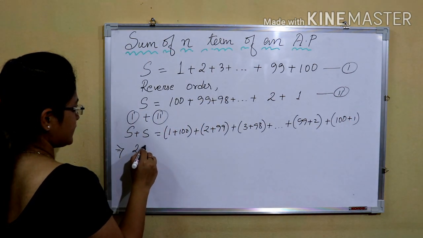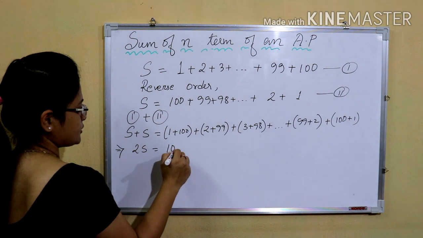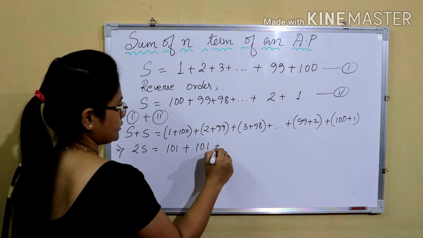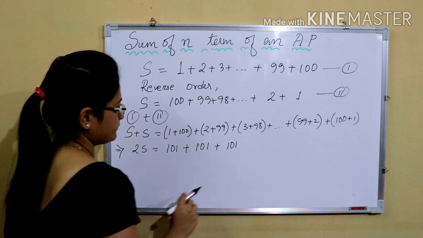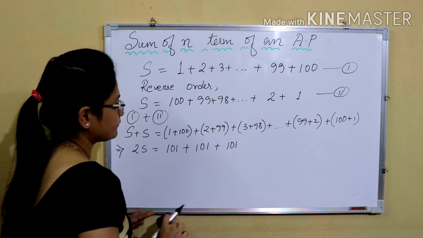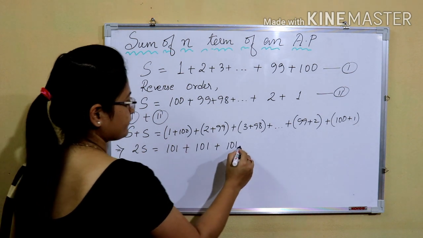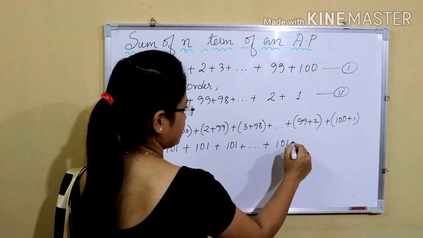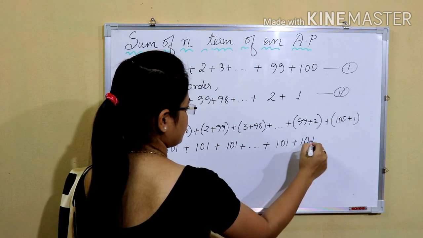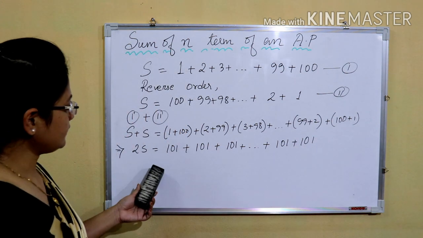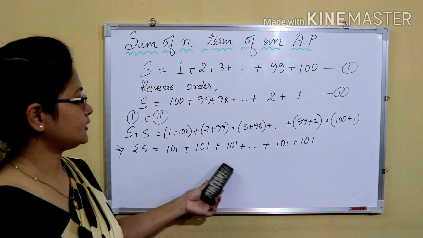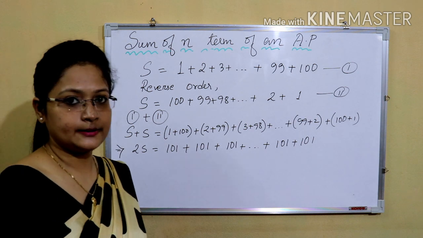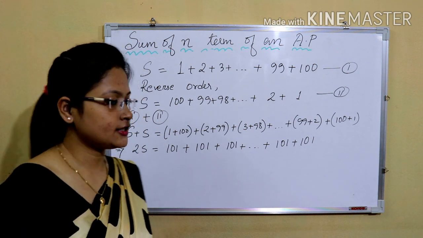S plus S will give 2S. 100 plus 1, 101. 2 plus 99, 101. 3 plus 98, 101. ... 99 plus 2, 101. 100 plus 1, 101. So you can see that 101 is added repeatedly, and we know multiplication is repeated addition.